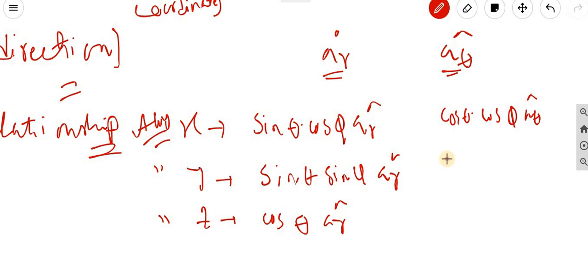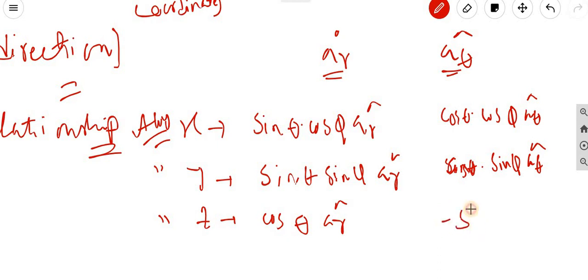Okay. This is also cos theta sin phi A theta.